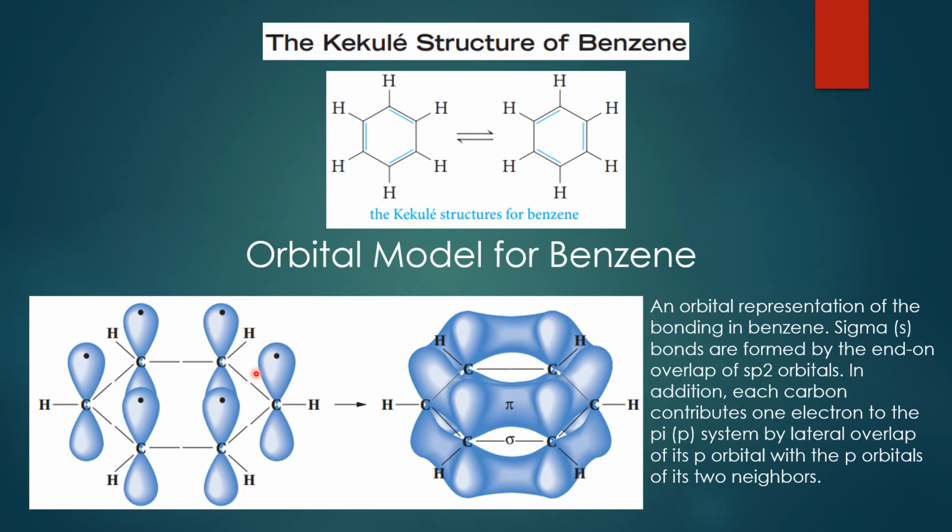The construction of a benzene ring from six sp2 hybridized carbons is shown schematically in the figure. This model explains nicely the planarity of benzene. It also explains its hexagonal shape with H-C-C and C-C-C bond angles of 120 degrees.